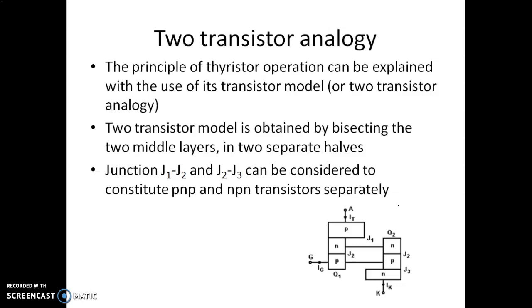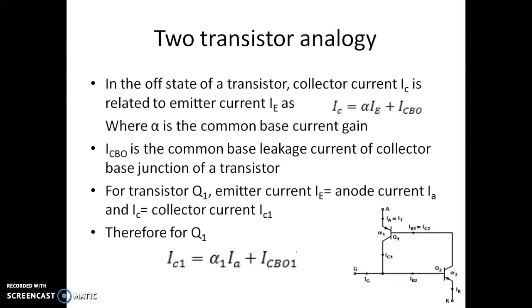For that, the two-transistor model is obtained by bisecting the two middle layers into two separate halves. The junctions J1, J2 represent a PNP transistor and J2, J3 are considered as an NPN transistor.